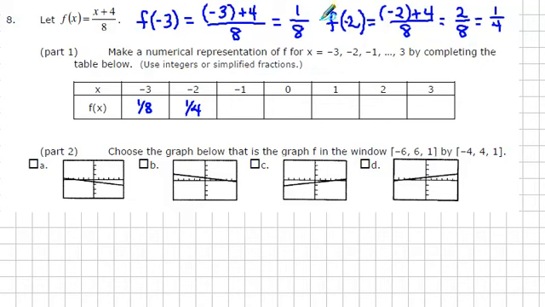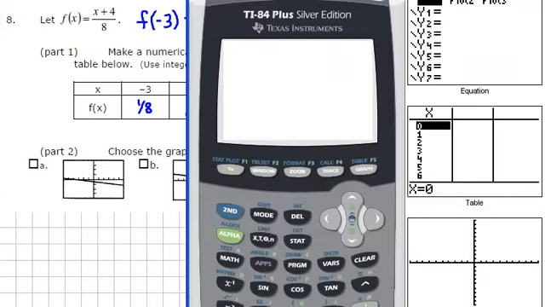We could continue this process, but I do want to demonstrate how using a graphing calculator can be an efficient tool to help you do this. So on your graphing calculator, the first thing that you want to do is to enter the function into the calculator.